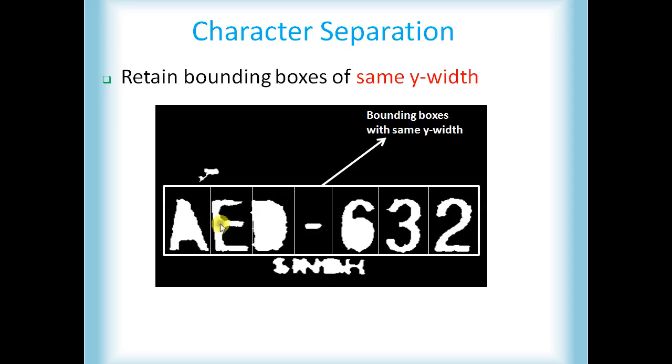Using these properties, the bounding boxes which have the same y width and same x width are retained, and other characters, for example this particular character which does not have the same y width or x width when compared to the other characters, are discarded. Using this property, the characters are separated, and then we get individual characters.